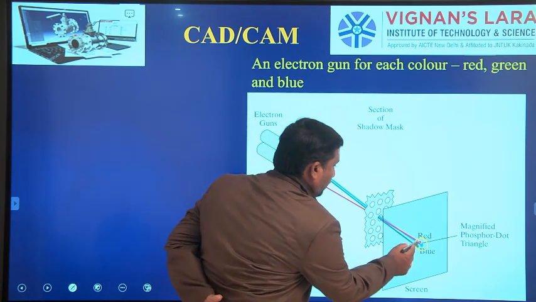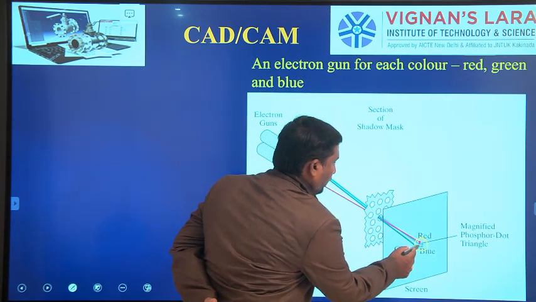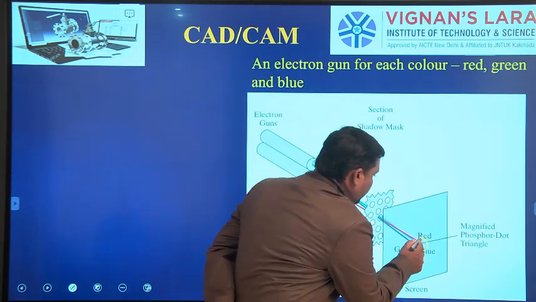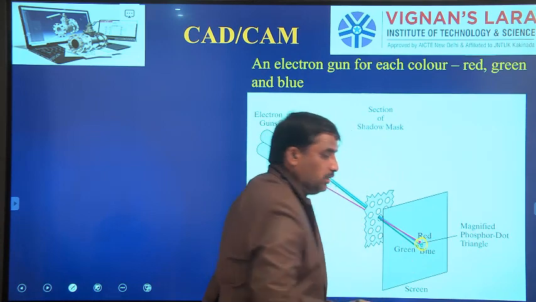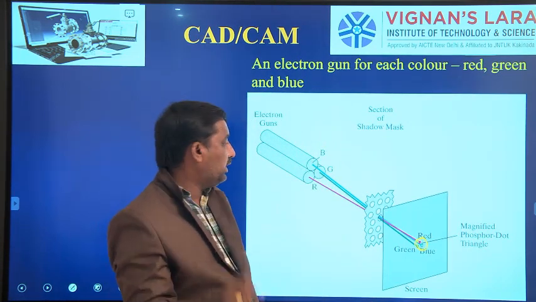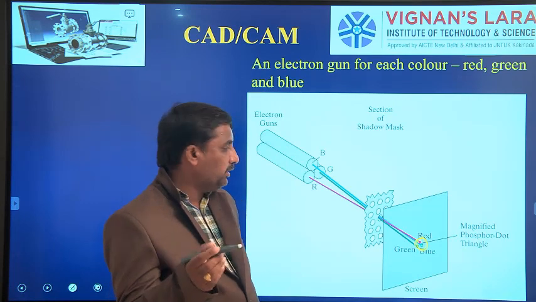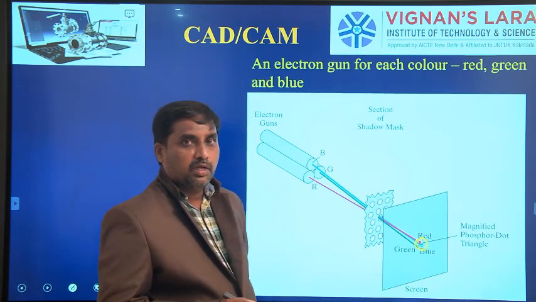One is the red colored beam, another is blue, another is green. But this combination is a circle of very small diameter, and we can call it a pixel or picture element, a small element on the screen.